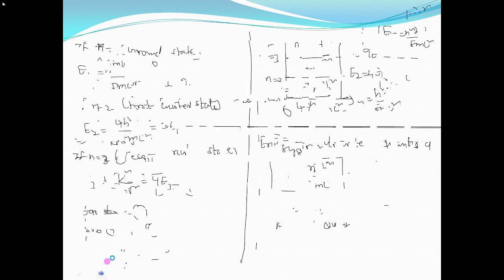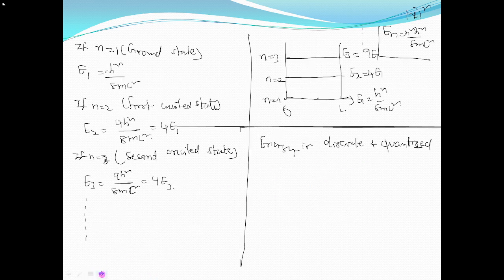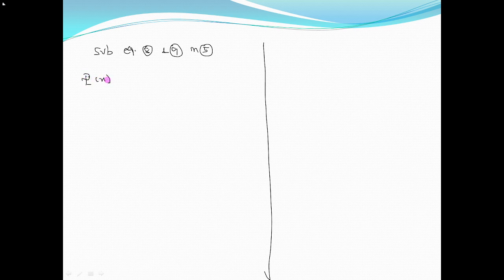Substituting equations 8 and 9 in 5, we get psi of x equal to a sine of, in place of k, n pi by L into x, plus b cos, but b is 0.